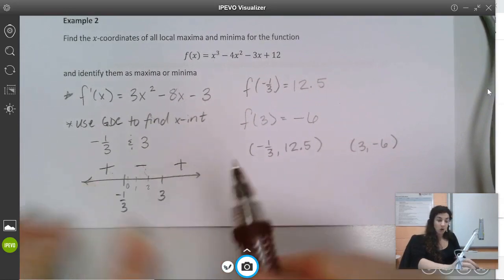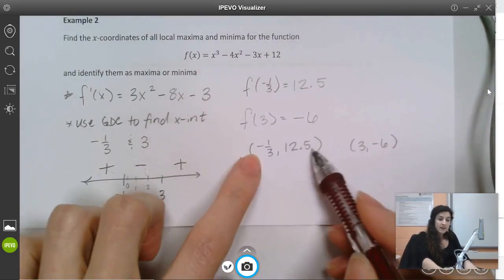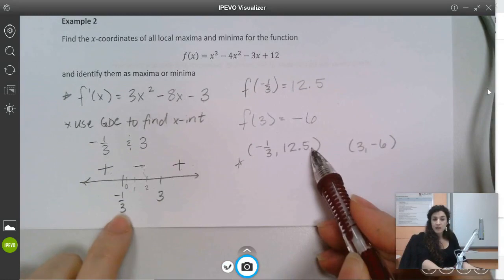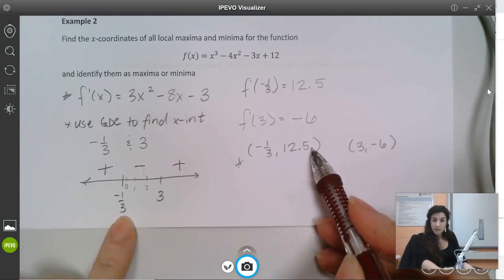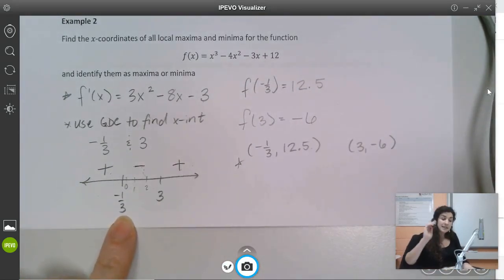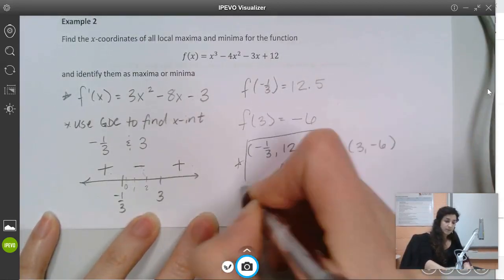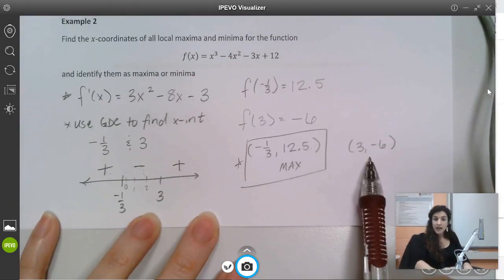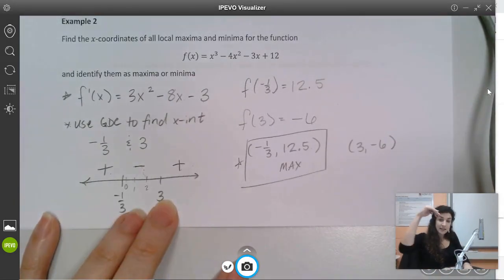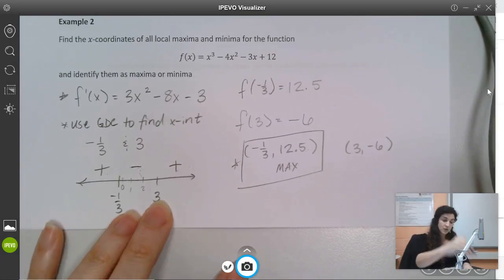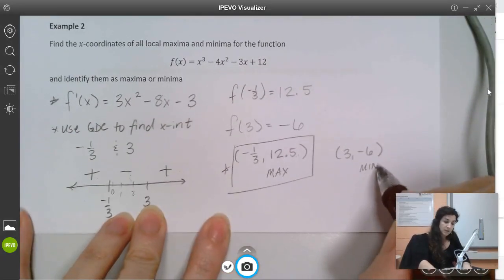So I look at the signs. Go ahead and tell me what this point is with the negative 1/3. Does that represent a maximum or a minimum? Because it's first increasing and then decreasing, it's a maximum. This guy, because it's decreasing first and then increasing, it's a minimum.